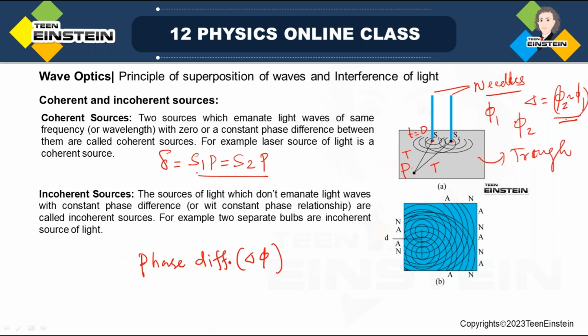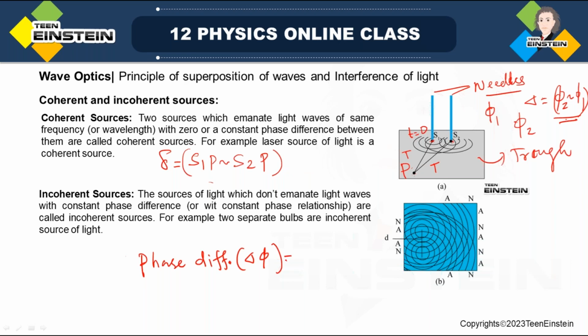Here the path difference is 0, right? S1P minus S2P, or take the difference in between. So path difference is denoted by delta and phase difference is denoted by del phi.